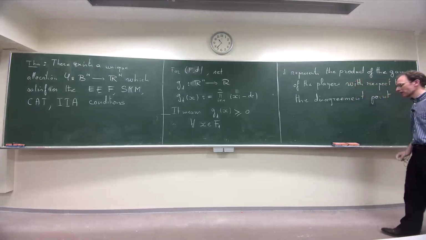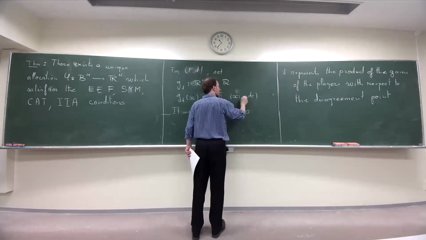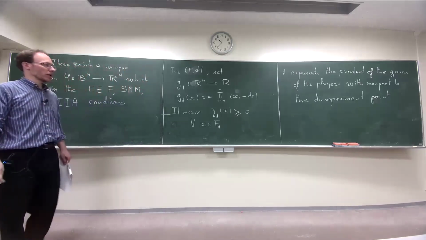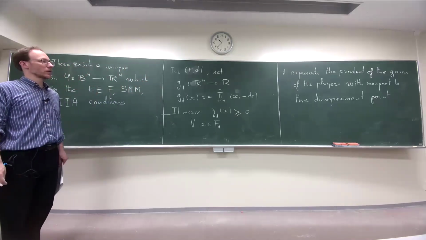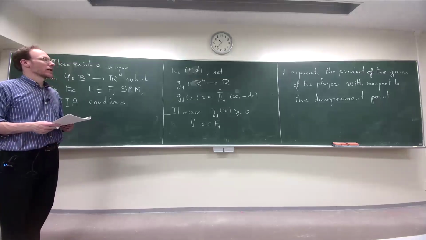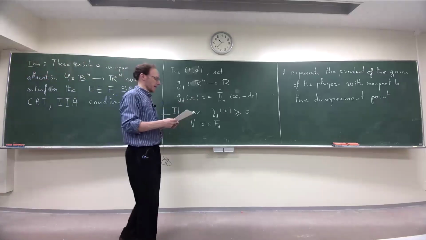Okay, so we have an interpretation of this product. If we think that this difference is what player i can get compared to the disagreement point, it's a positive number, then it's a product of these gains, or the product of what each player can get.